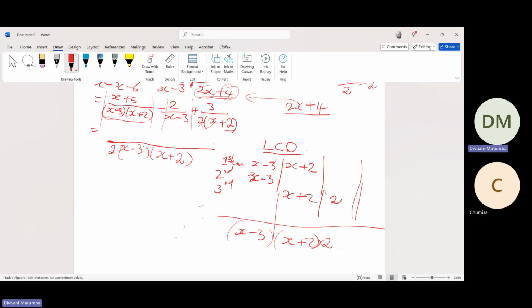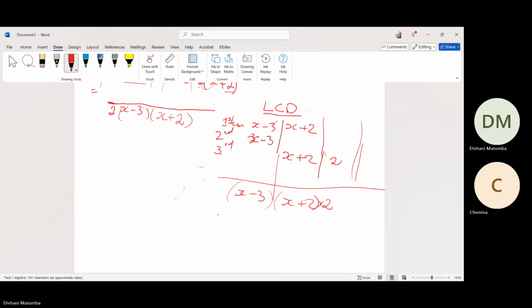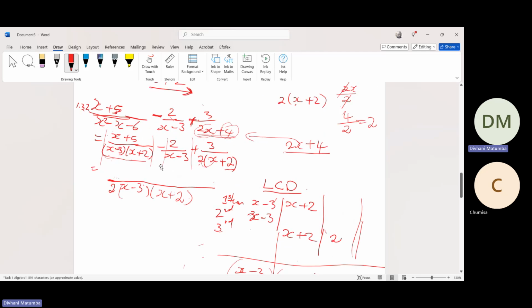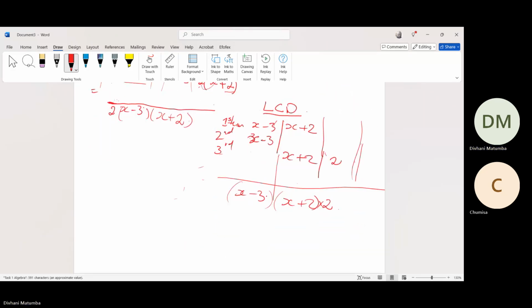you have to find the number that you have to multiply your numerator with. Now, how do we find that number? To find it, you divide the LCD by the denominator. So the LCD is x minus 3 times x plus 2 times 2.